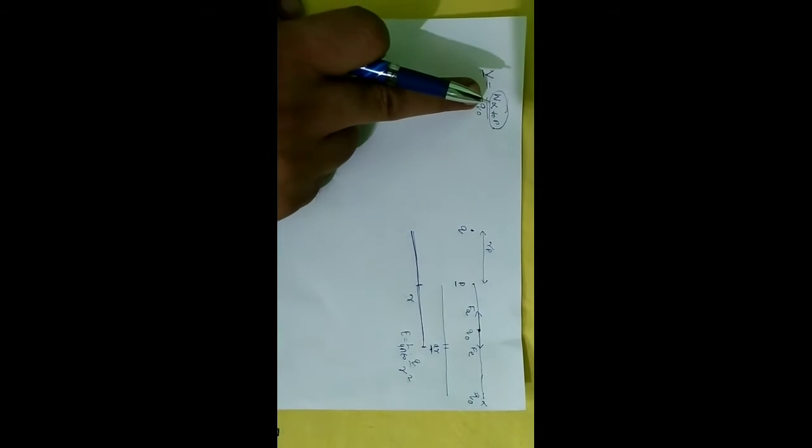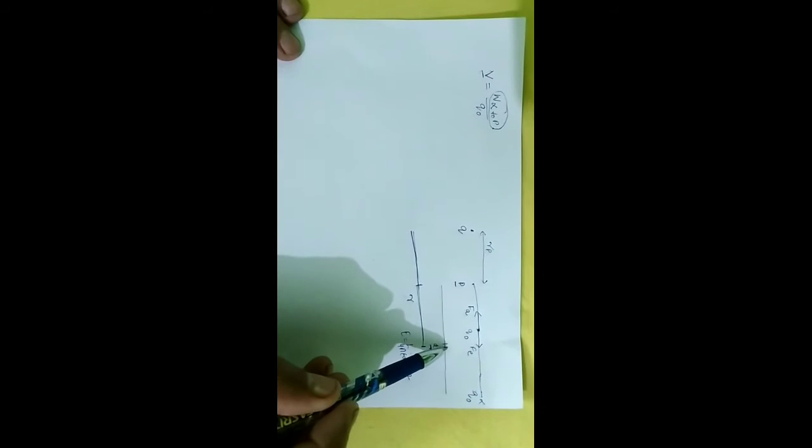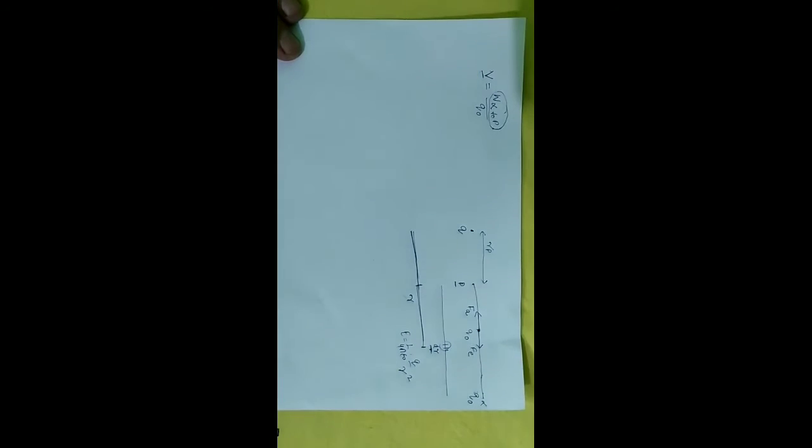Now I will calculate the work done. First we will calculate the small amount of work done for a small part, then we integrate for the whole path.